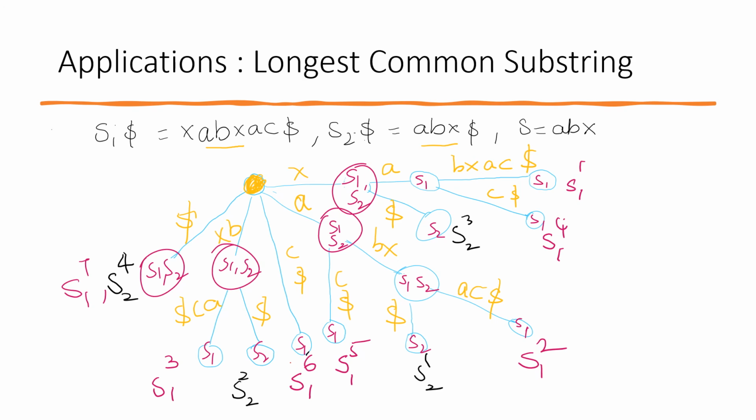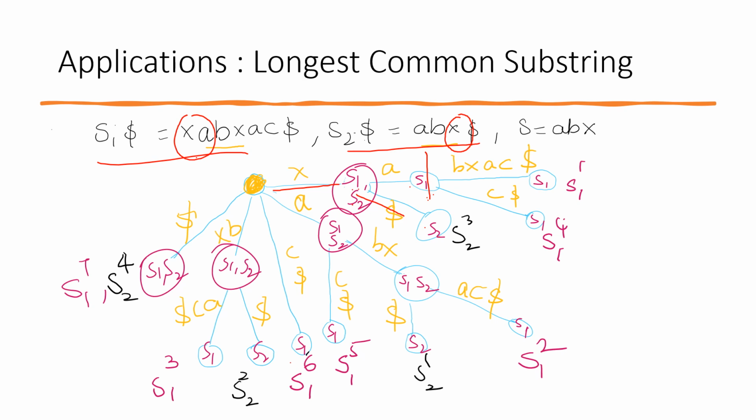Here a suffix tree is drawn for both S1 and S2 together, and the nodes are marked with S1 and S2 to show which path they belong to. XA belongs to S1. For suffix X dollar, this path belongs to S1 and this path belongs to S1 comma S2.